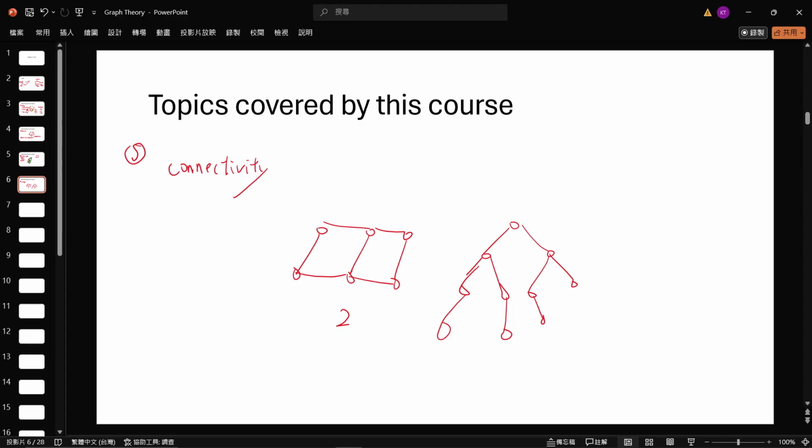Any internal node suffices. All right, so we're going to consider some properties about graph connectivity. I think these are the 5 main topics that will be covered for this semester.